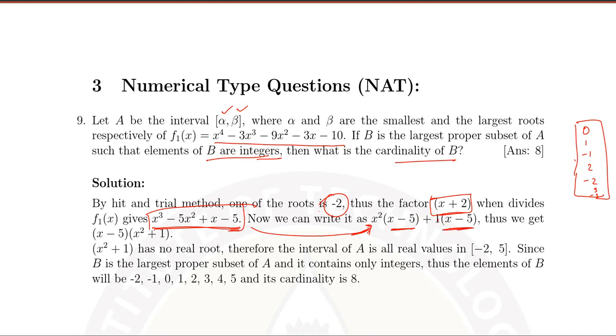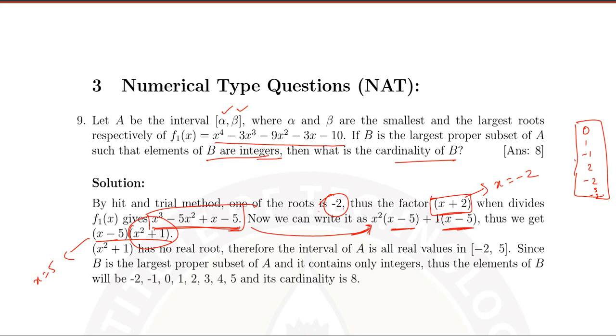Therefore we can factorize it and write it in this form. Now clearly this factor does not contain real roots, correct? So the only real roots we can obtain are x equals -2 and x equals 5.